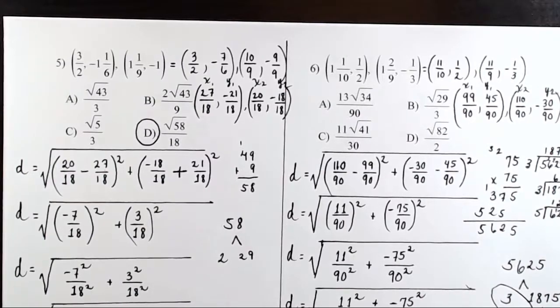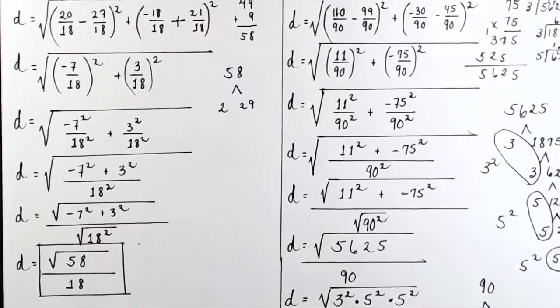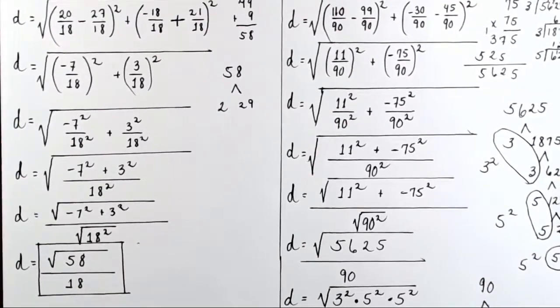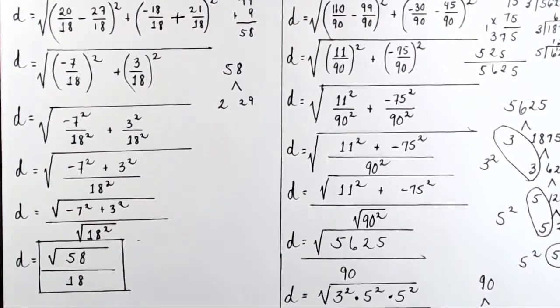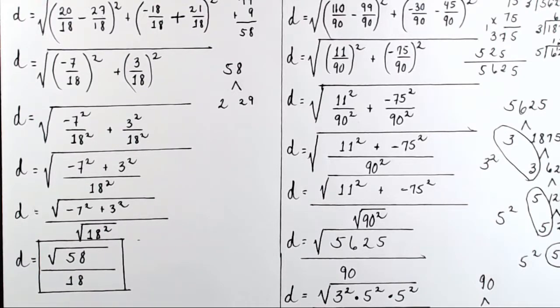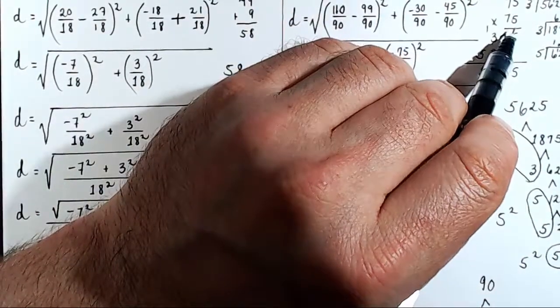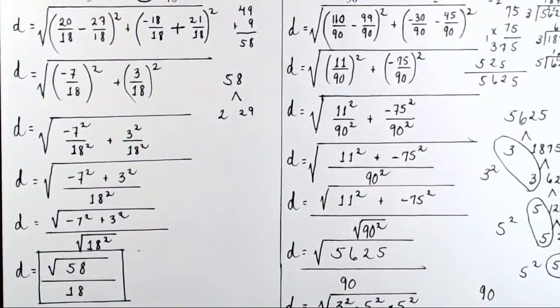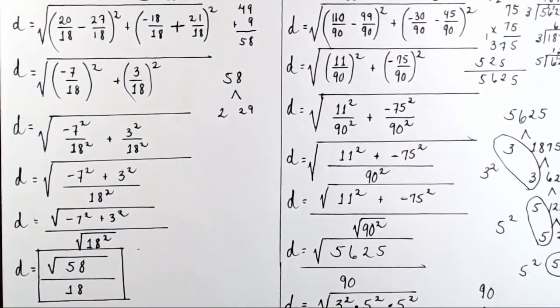I'm just looking at the work, trying to see where we went wrong, because clearly we went wrong somewhere. Did I do this right? 75 times 75. Let's see.